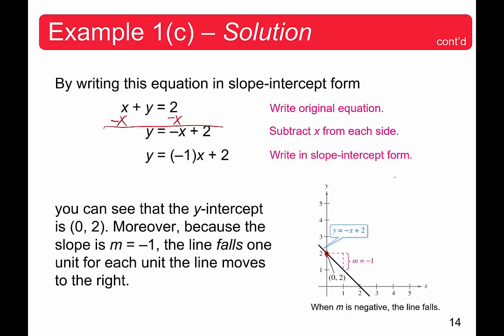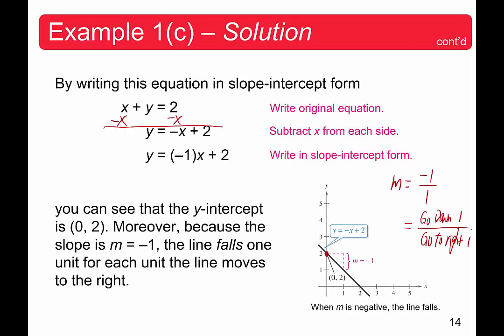Now the slope, since it's negative 1, you're going to write it as a fraction, negative 1 over 1. Again, using the general principle of rise over run, negative 1 indicates go down 1 unit, and then go to the right 1 unit.